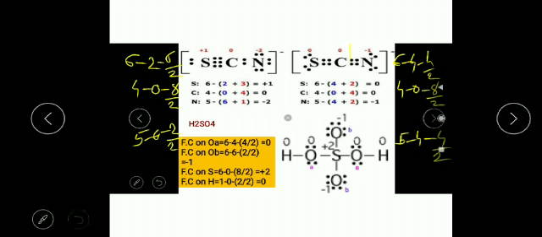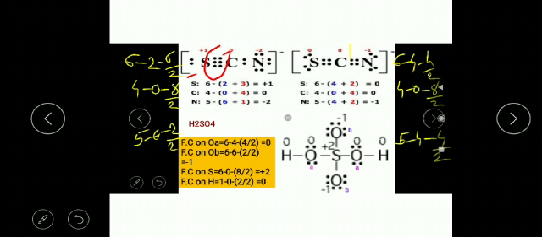Here we took the example of HCN. Here also there are two resonating structures. So first we calculate for this molecule. Here for sulfur, 6 is valency, minus 2 because of this lone pair, minus 6 because these 6 are bond pair electrons, divided by 2.